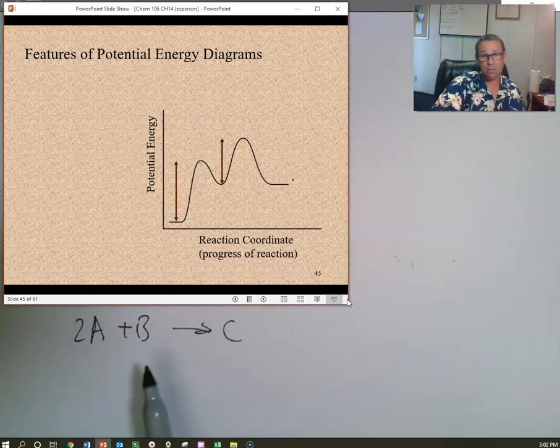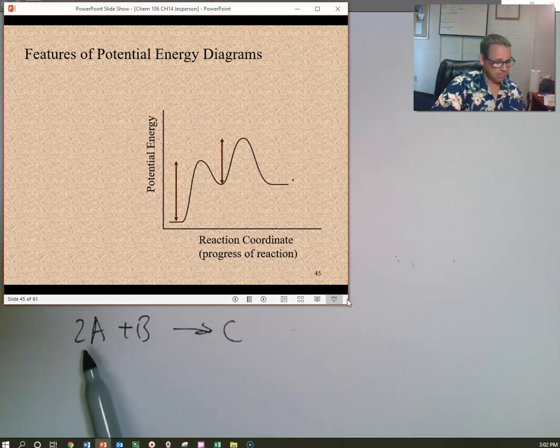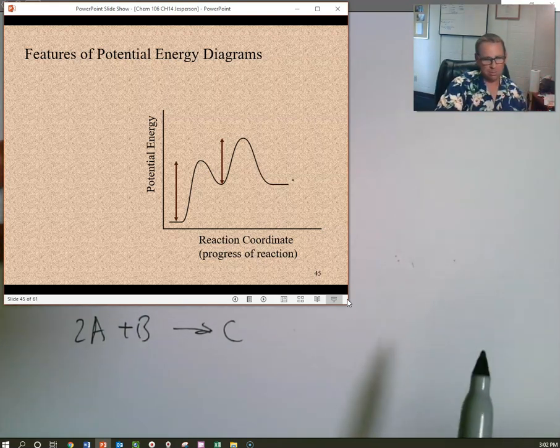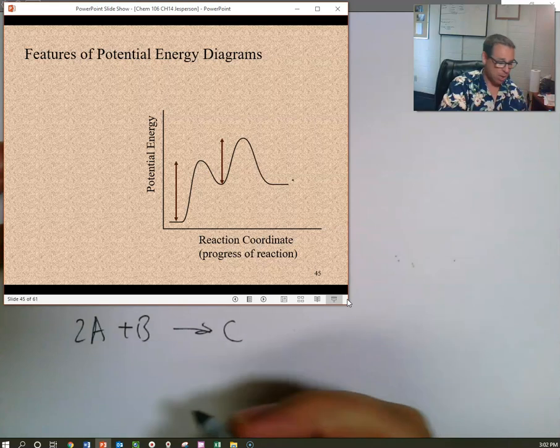Maybe what happens here in this reaction, an A wandering around in its reaction mixture has to first come in contact with a B. And when that happens, A and B interact and form some new intermediate. Maybe it's I, right?